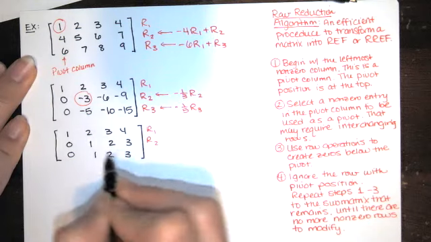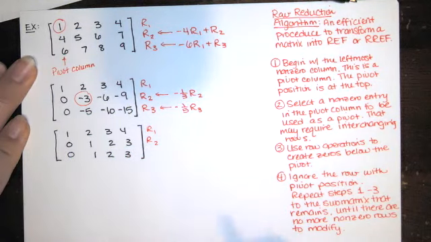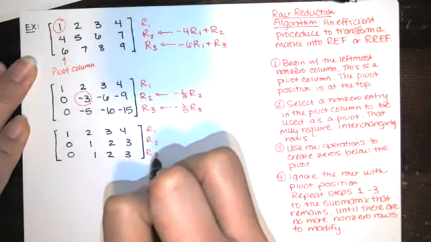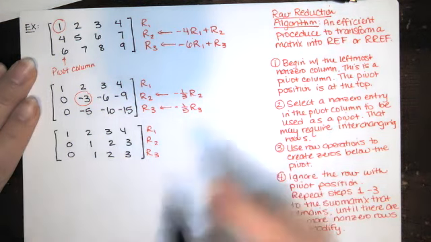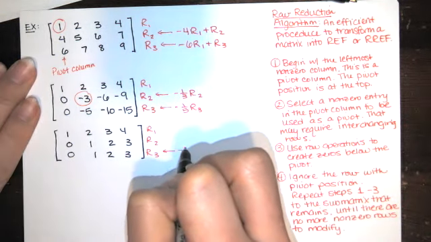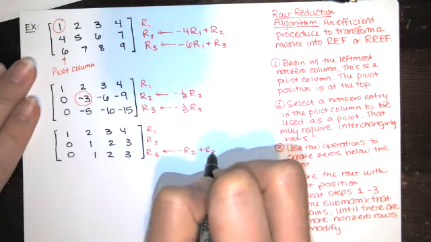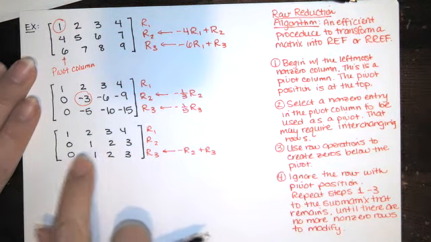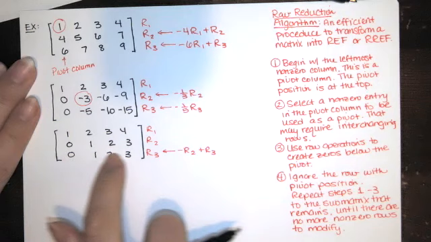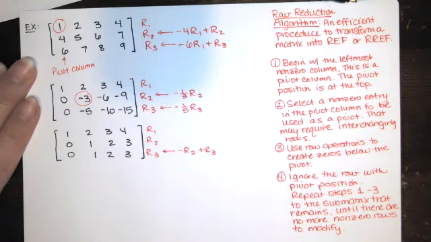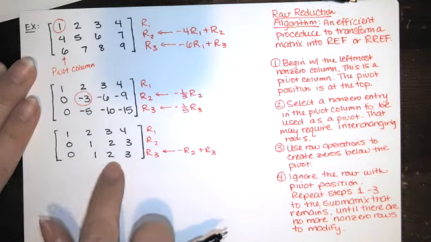I like writing it in that way because now it's clear that this row and this row are multiples of each other. So I can take row 3 and I can replace it with negative row 2 plus row 3, and this will become a row of zeros. Or in other words, if I take this row and I subtract this row, I'm just going to get 0, 0, 0, 0, 0, 0.